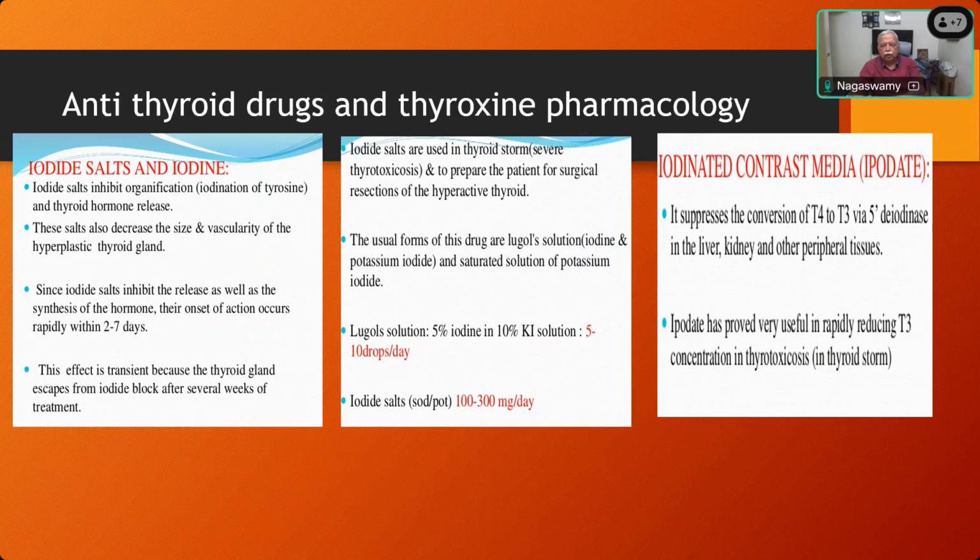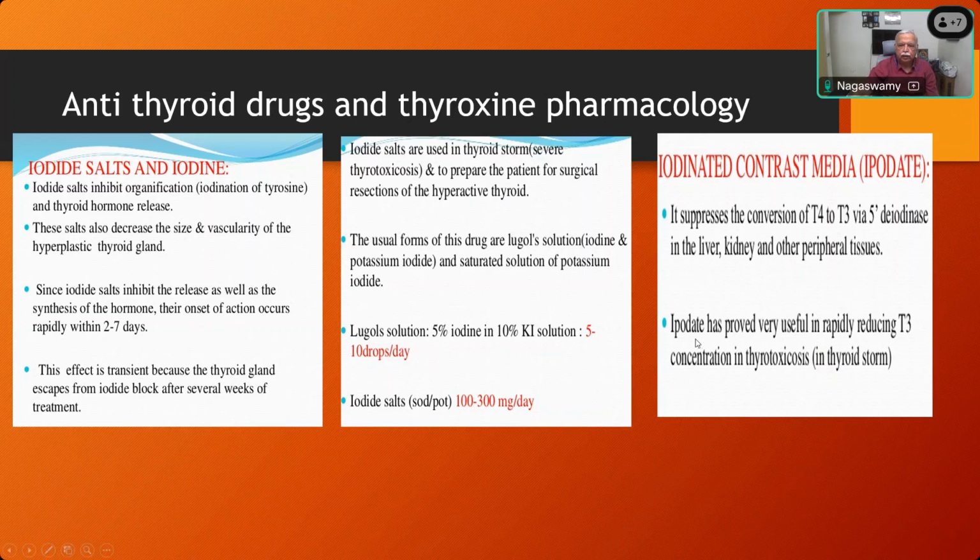And how long, or what is the window period within which you have to operate? 12 to 24 hours? Not so short. It is as big as 5 to 7 days. Okay. After stopping Lugol's iodine, you have to operate within 5 to 7 days to achieve the reduction in vascularity. Otherwise, the gland will again receive the full blood supply again.